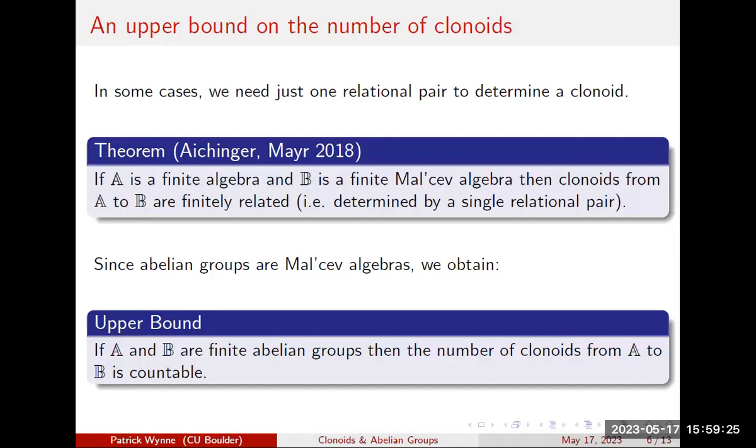For clones, there's a lattice of clones. So the question is whether this notion applies here, and so I looked at some of these lattices. Yes, so it turns out that again the clonoids between two algebras will form a lattice.